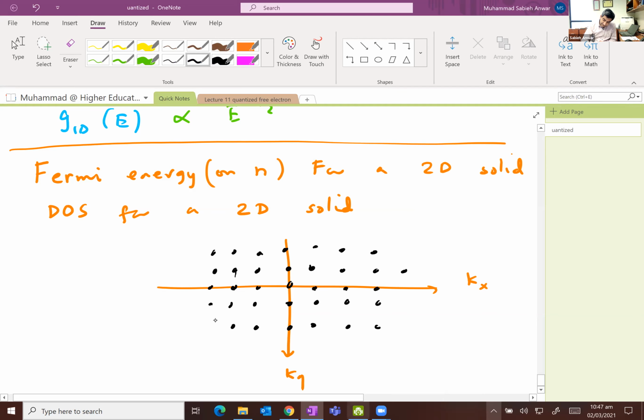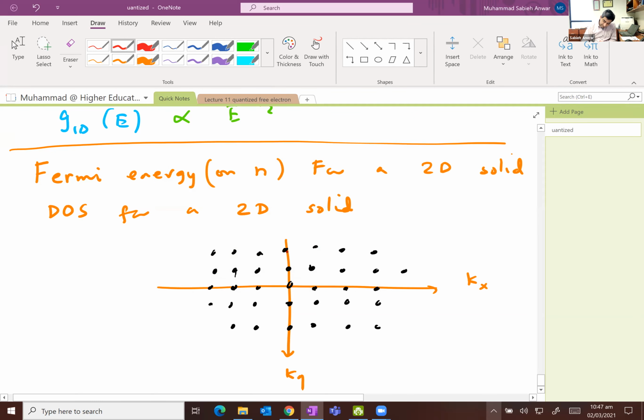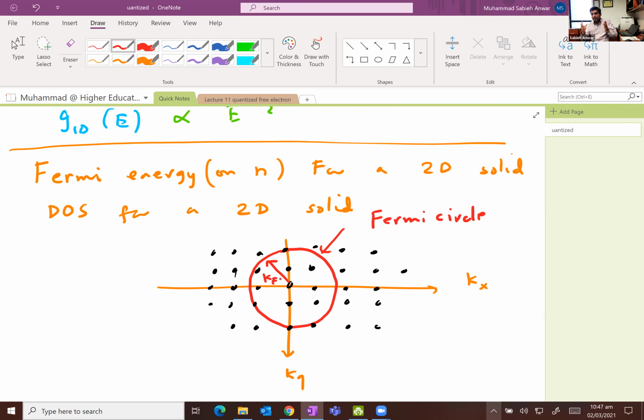And then you would draw not a Fermi sphere but a Fermi circle. In 2D you have a Fermi circle, and you say that this is kf, and you count the number of modes. So a continuous problem is converted to a mode counting problem. So you count the number of modes inside this circle.